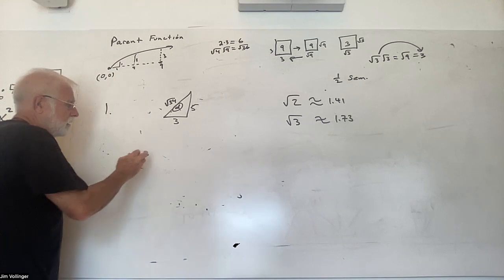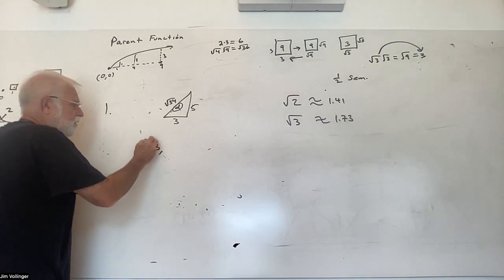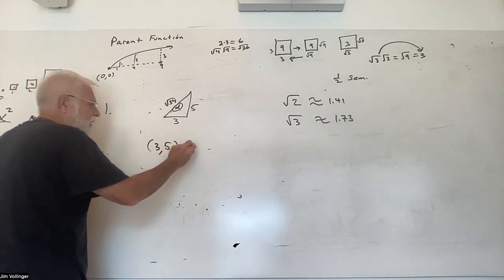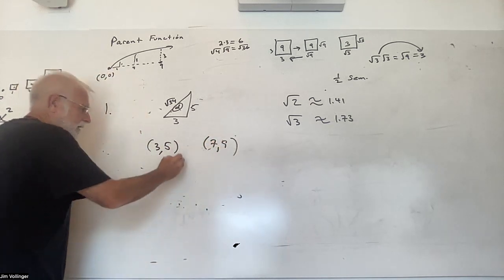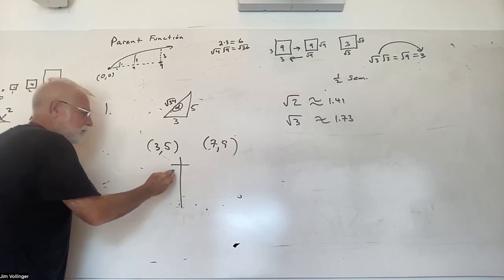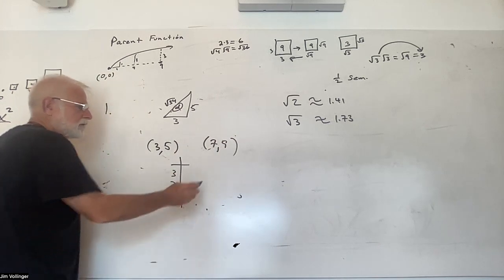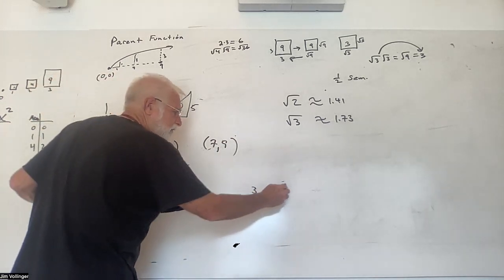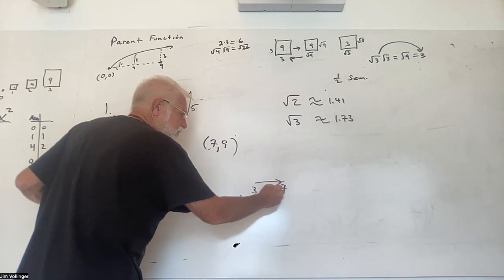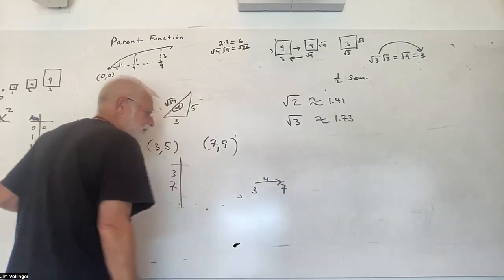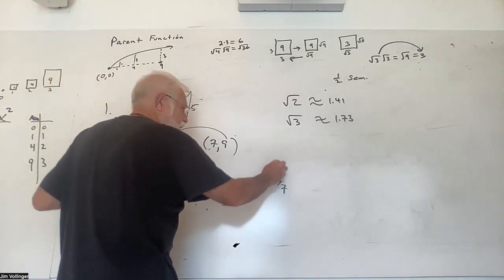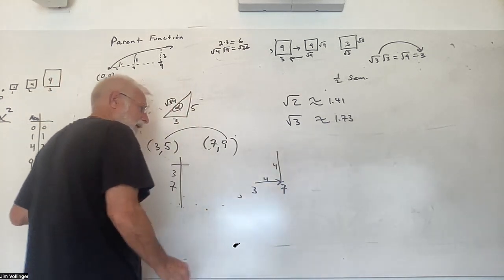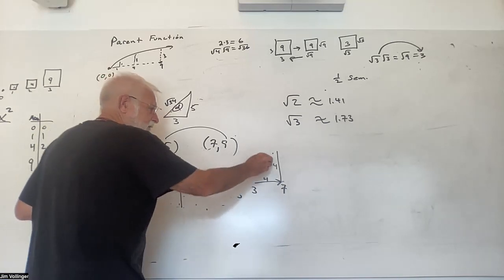Another distance. Another distance is the distance between 2 points. Let's do 3, 5, and let's go to 7, 9. All right, well, again, you might be better off putting the x's in the table. So from 3 to 7, I believe, is a unit of 4. I'll put it on top. And from 5 to 9 is another unit of 4. Oh, wow. So distance, right?